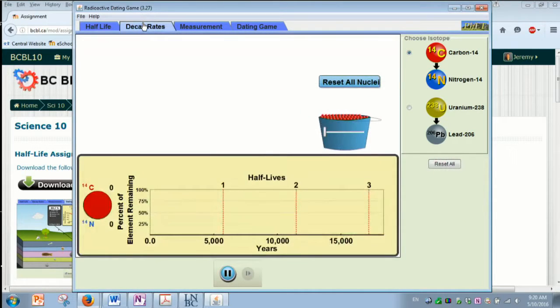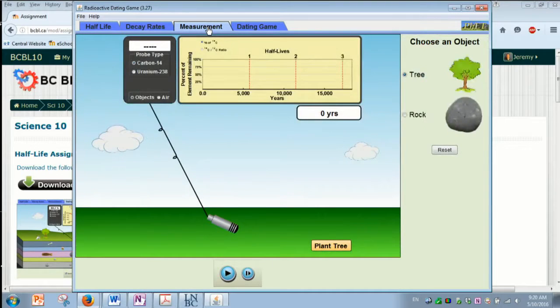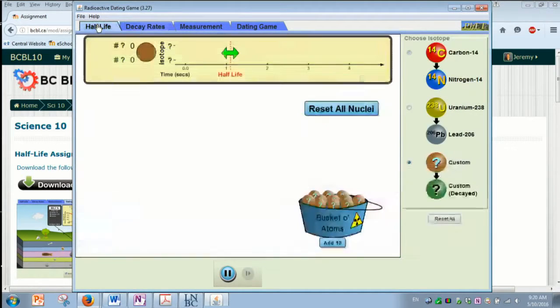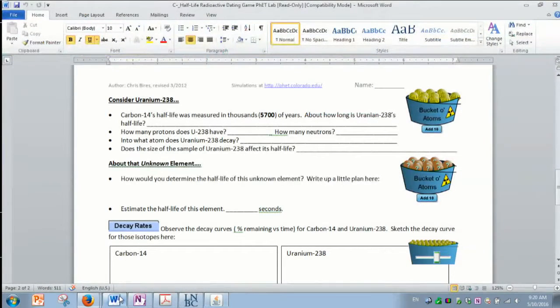It's not the one I want. Uranium, it's not the one I want. I have to find the right section, I suppose. Carbon-14 measured 5,730 years. How many blah, blah, blah.